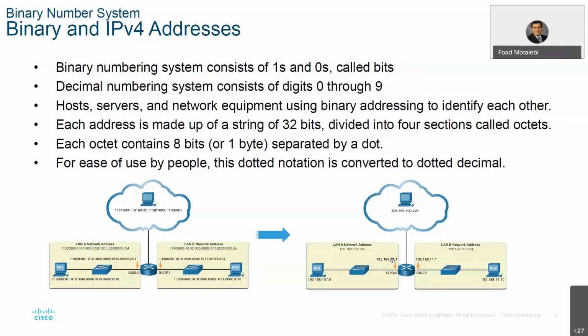The main idea is that you have to know how to convert quickly from decimal to binary. There's a reason why we have to know how to convert, and we'll study those things in the chapters ahead.